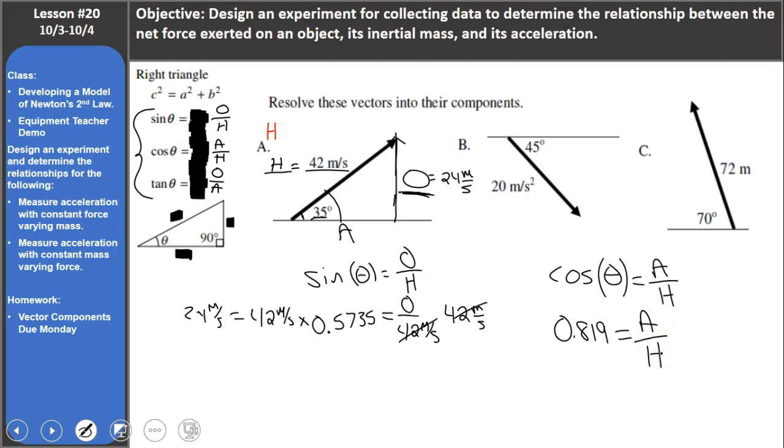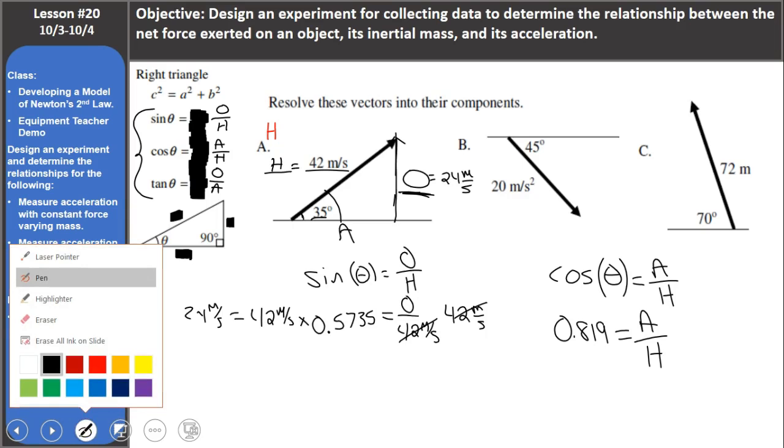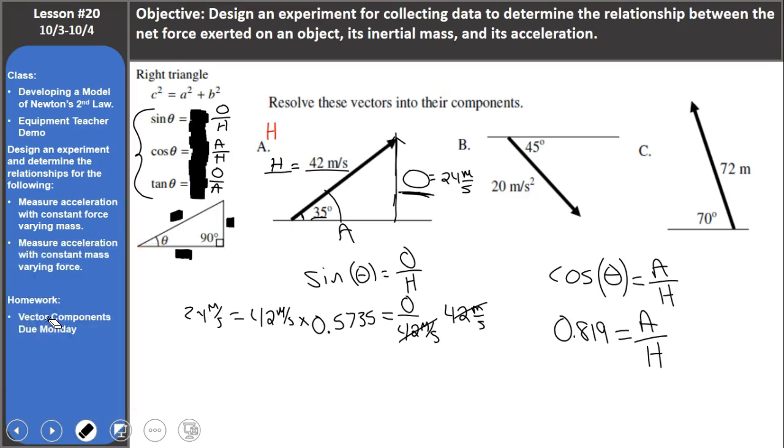But the hypotenuse, again, is still equal to 42. You understand this is the hypotenuse? So we're going to put it in. That's going to be 42 meters per second.